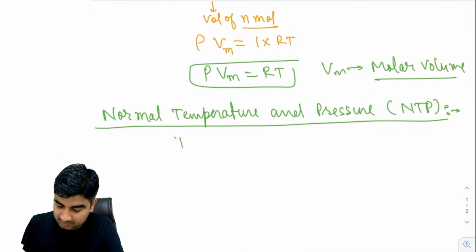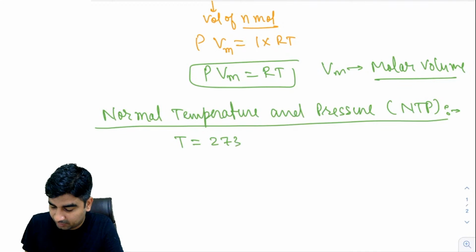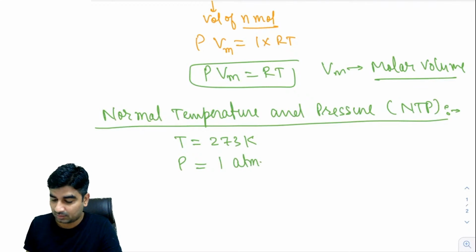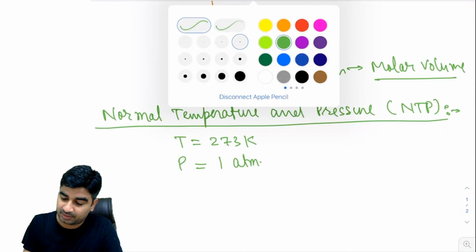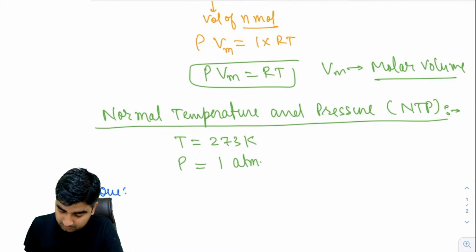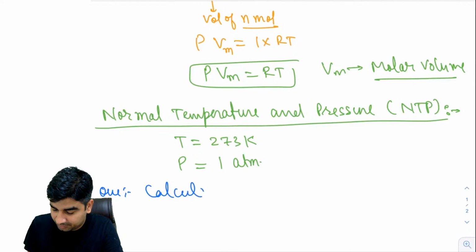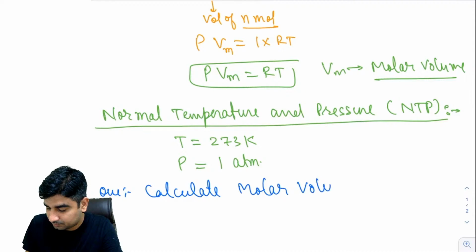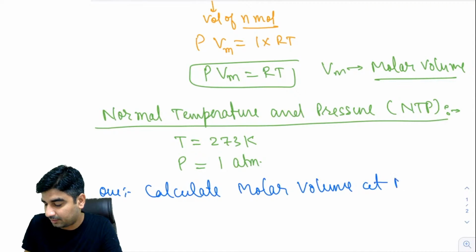Normal temperature means you have to take it 273 Kelvin, and pressure means you have to take it 1 atm. So now let me ask one question. Calculate molar volume at NTP.